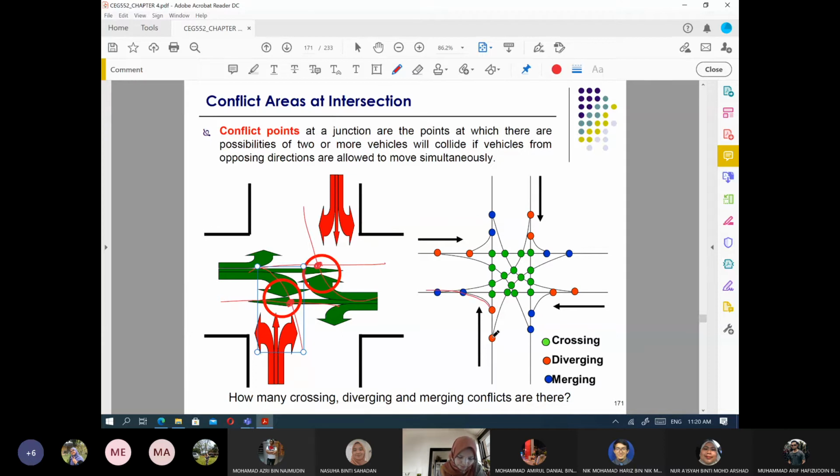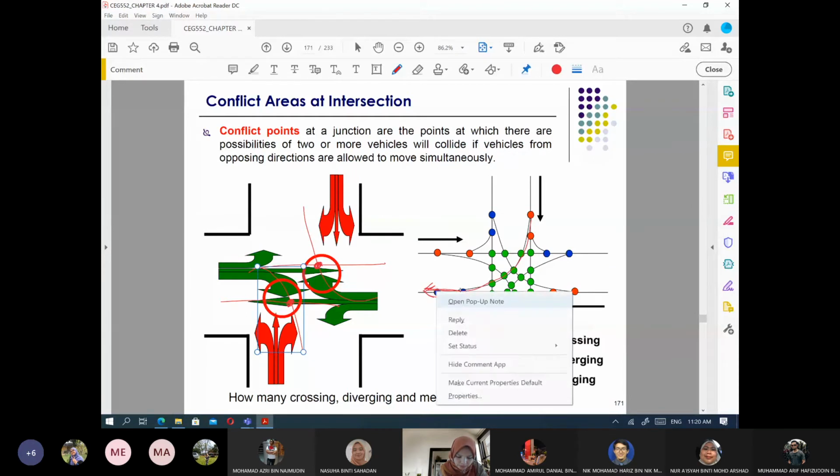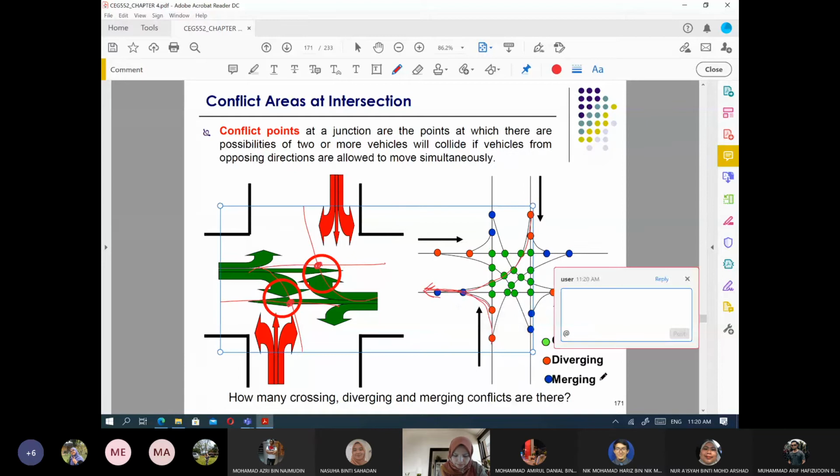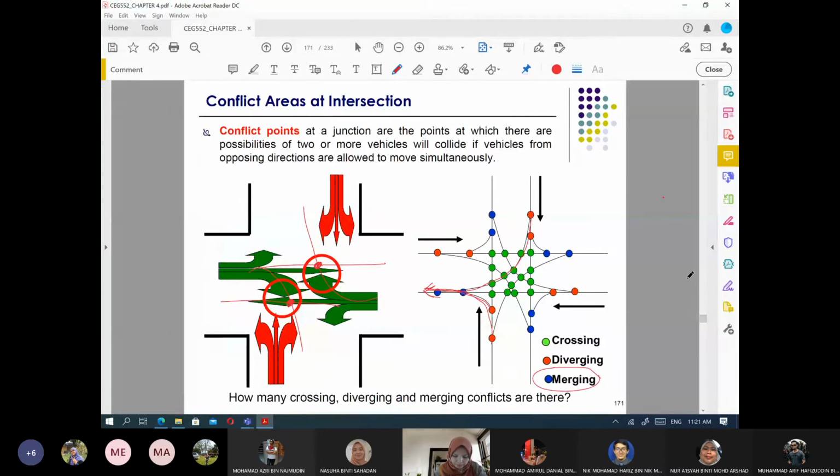Okay, yang ni daripada south going to west. Okay, north going to west. Also at the end dia akan bersambung di sini. Sambung ni kita panggil sebagai merging punya conflict. Merging conflict. Okay, and then you will have diverge, right?